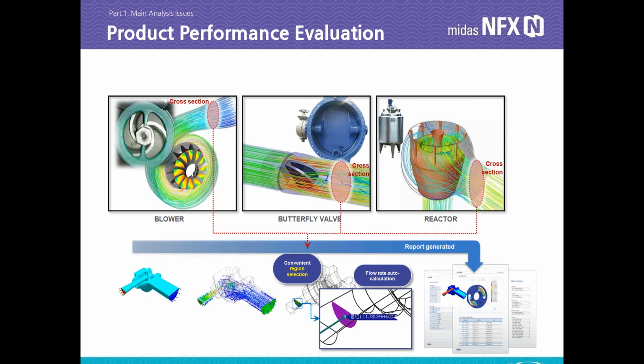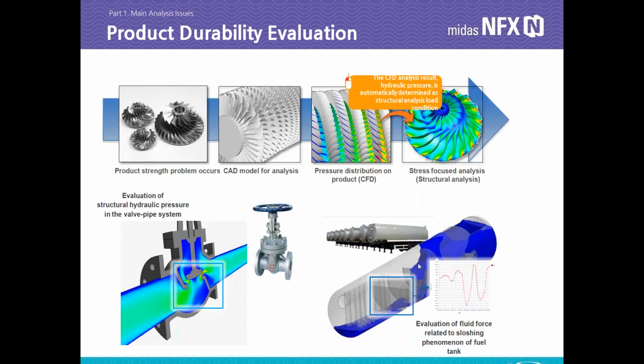When you have a liquid flowing inside, or it can be a gas as well, and you want to know what the flow rate is at a section, for example, or what the velocity is in some small areas, you can use CFD to do that. You have a few examples here, and I'll talk about the workflow a bit later, but it's easy to model that in NFX and get the report with the details about the analysis.